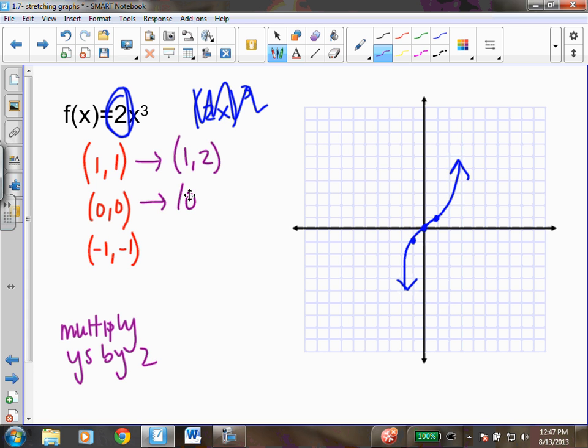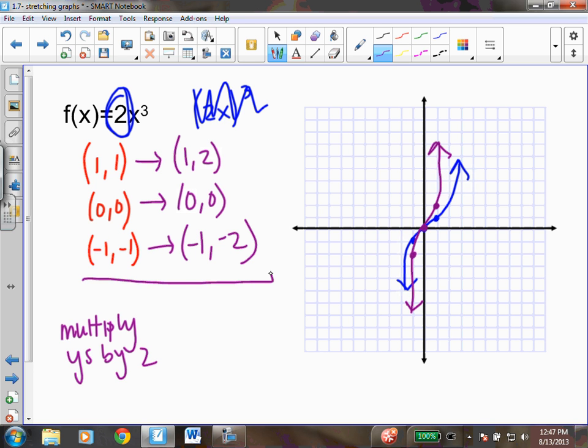The point (0, 0) is going to stay the same. And the point (-1, -1) is going to become (-1, -2). I'll plot these points in my coordinate plane. And the purple graph is my final function. You don't necessarily have to write this out if you can do it in your head, but I do find it helpful to write out the points.